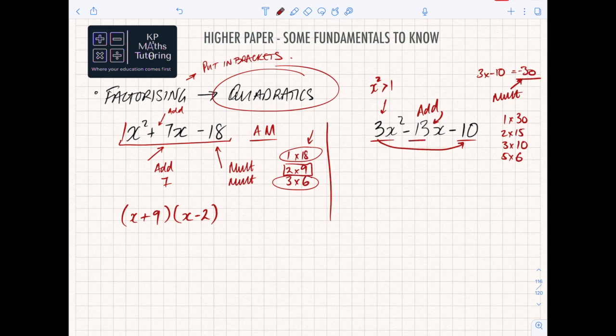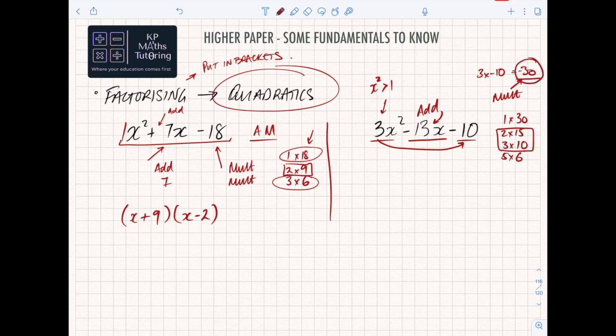Now what you're thinking is, out of those, how could I possibly make a 13? Well, there's a couple of different ways I could do it here. We've got a 2 and a 15 where I could make 13, and I've also got a 3 and a 10 where I could make 13. But you need to think about the fact that it has to multiply to give you a negative.